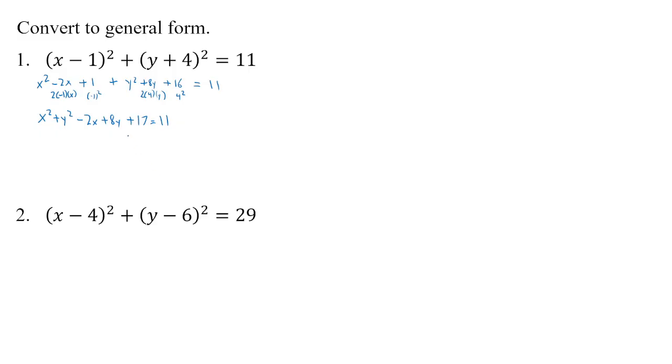Finally, you're going to subtract 17 from both sides, and you would get x squared plus y squared minus 2x plus 8y equal negative 6. And there it is, the general form of the equation of the circle.